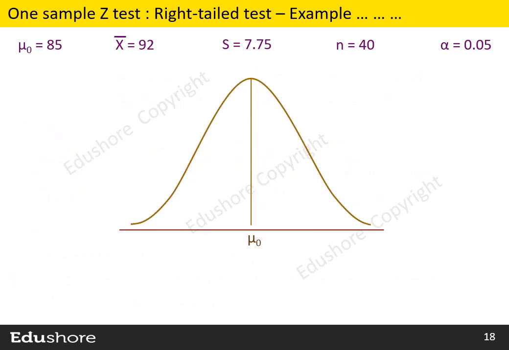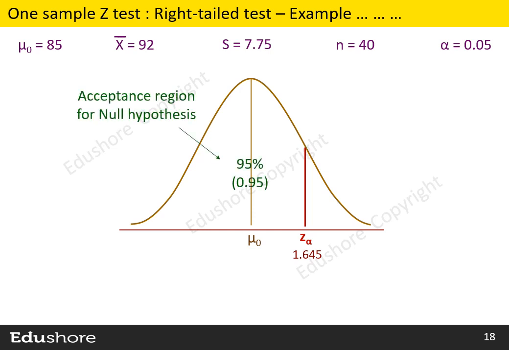Let us understand the right-tailed test with graphical illustration. This is the Z critical value, Z alpha. In other words, 1.645. The 95% confidence region or 0.95 probability area under the curve is the acceptance region for null hypothesis. The alpha or 0.05 probability area on the right side of the curve is the rejection region.